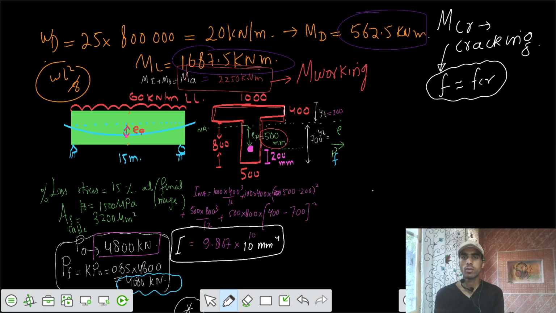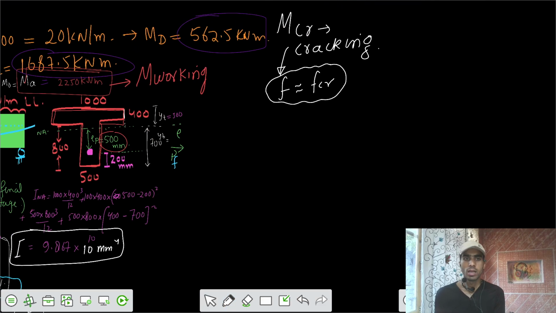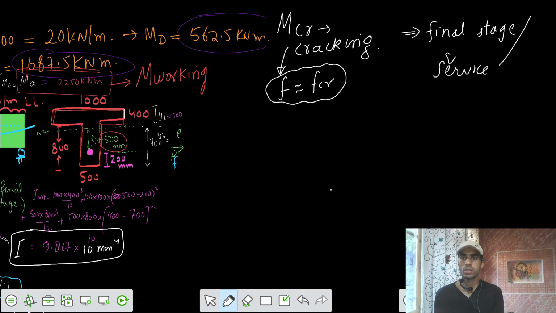So that we need to calculate. In the final stage, because we are talking about the final moments, we have to calculate the stresses for the final stage, which we can say is your working stage or service stage. So let's try to get that.